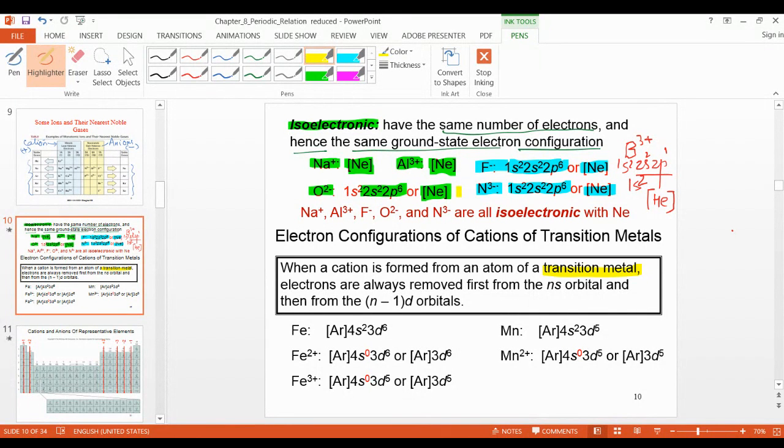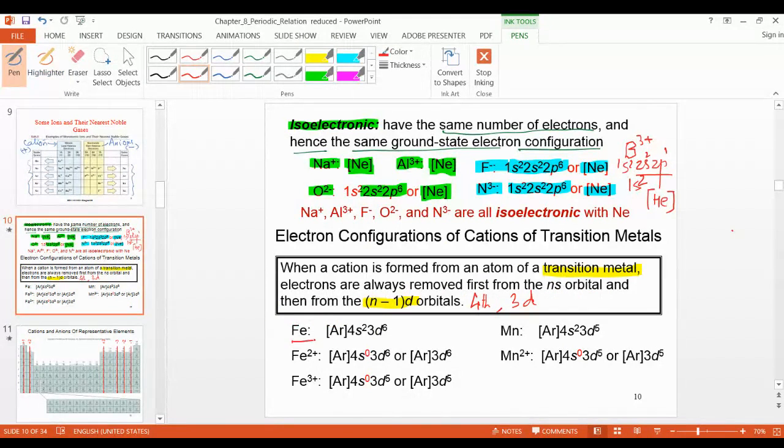The electrons are always removed first from the ns orbital and then from the n-1 d orbital. I already told you this, right? It is the n-1 d orbital, because this is the configuration for d orbital. The d orbital always starts from the fourth shell but it is 3d, n-1. 4 minus 1 is 3. So we can write here fourth shell and 3d orbital, right?